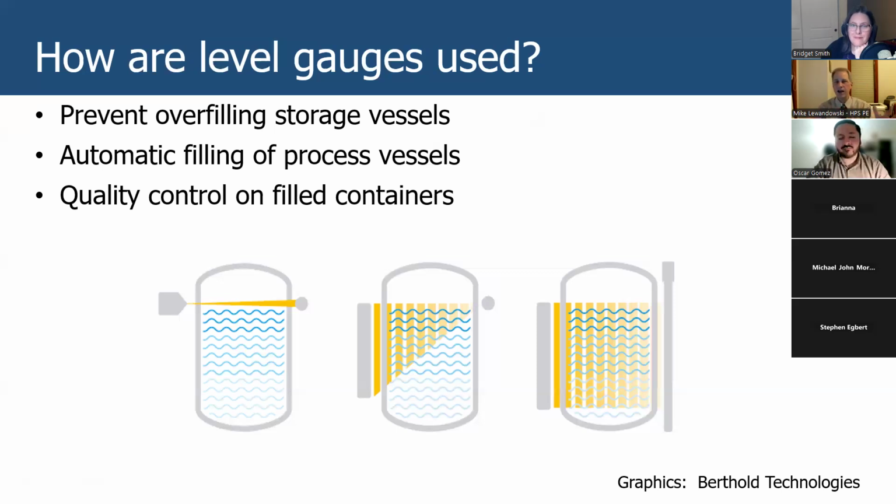So how many times have you opened up a can of your favorite beverage and not given any thought to the fact that you're getting a full can? It's not Russian roulette to determine, as you pop that top, whether you are getting a full can or a partial can.